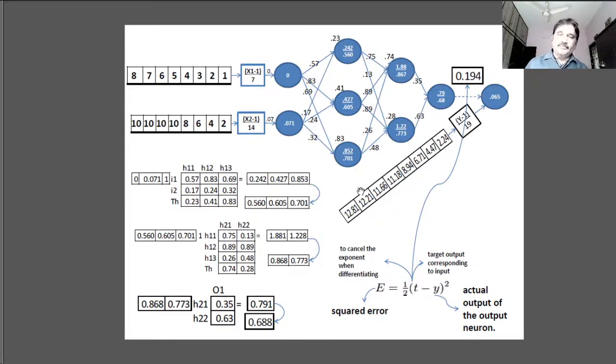one time will come when the output of this neuron which I get here will be equal to or very close to the target output. I want to reach that point, and the process of correcting these weights is called backward propagation. So far what we have seen was forward propagation.